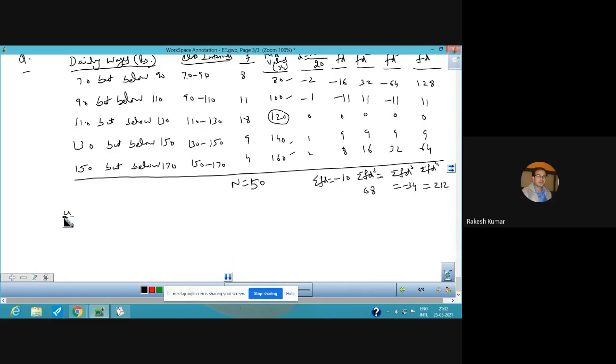First of all, mu1 dash. Just see the difference: we have to calculate this for a continuous data series, and the formula used in the previous question was for a discrete data series, so the formula will change a little. The discrete formula was sigma fd upon n.